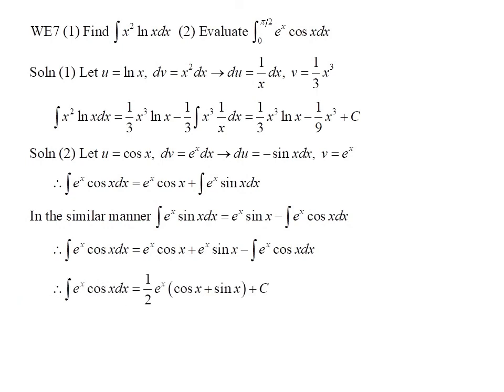After being rearranged, the integral of e^x cos x dx equals e^x/2 times (cos x plus sin x) plus C. So the definite integral from 0 to pi/2 of e^x cos x dx equals e^x/2 times (cos x plus sin x) evaluated from 0 to pi/2, which is (e^(pi/2) minus 1)/2.